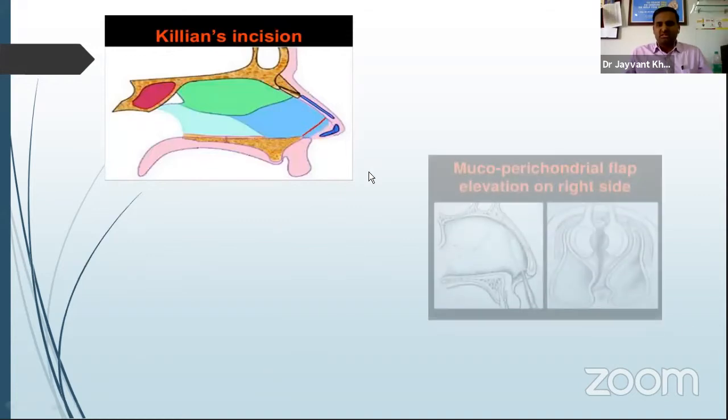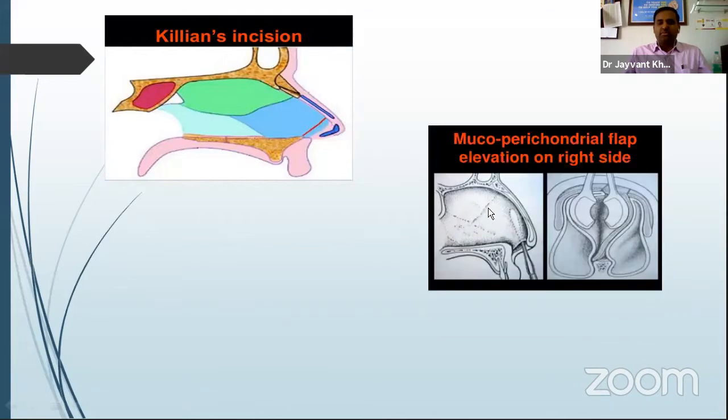Okay, then you can see in this picture the first incision, Killian's incision, then the mucoperichondrial flap is elevated with the help of flap elevator, Killian's forceps or long bladed nasal speculum.